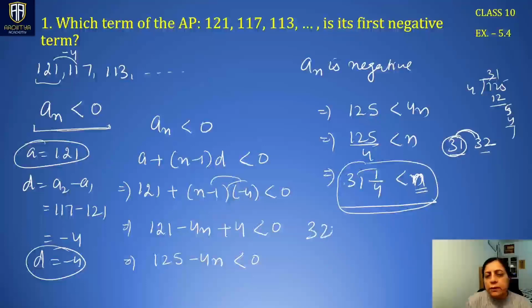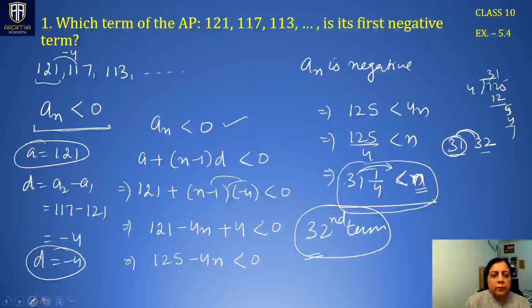So the 32nd term in this sequence will be less than 0. We started with the condition an is less than 0, and we have got that n is greater than 31 1 by 4. Since we do not have number of terms in fractions, the immediate next term to 31 will be 32. So we can say the 32nd term of this sequence will be the first negative term, right?